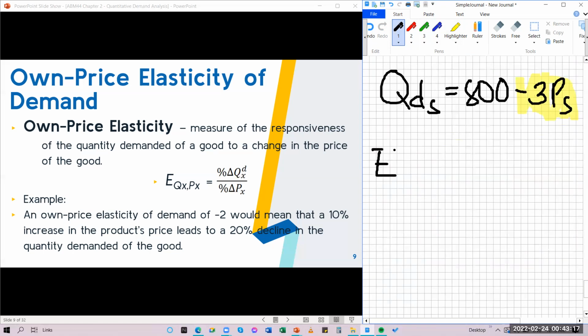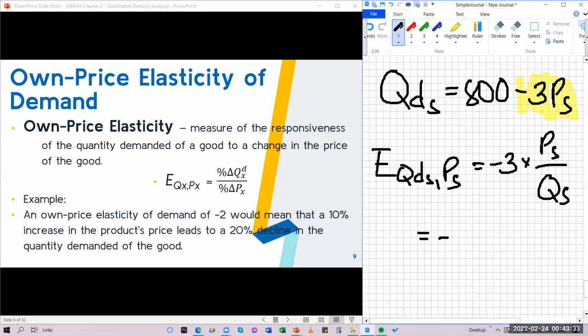So we will have elasticity of quantity demanded of shoes to the price of shoes is equal to a negative 3 multiplied by the price of shoes over the quantity of shoes. So the answer would be a negative 3 multiplied by, let's have the quantity given. The price of shoes, let's assume it's 150. 150 na lang daw ang price sa sapatos.